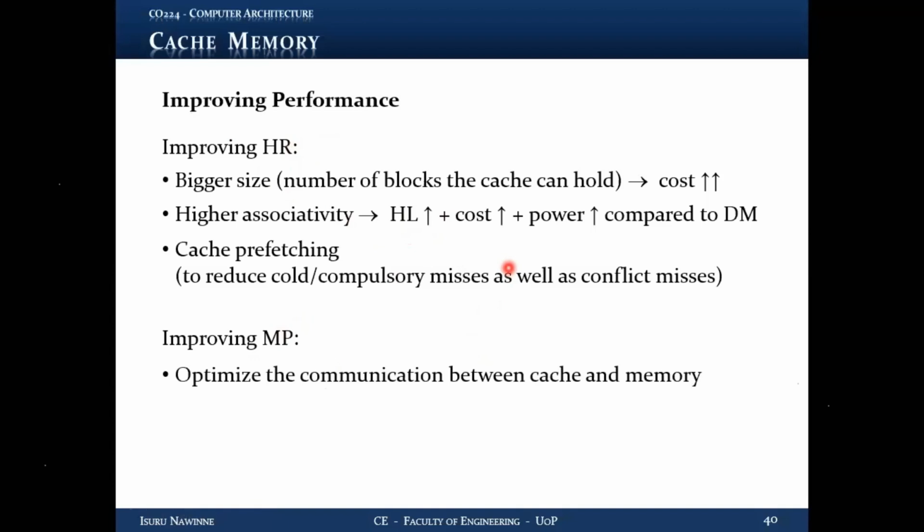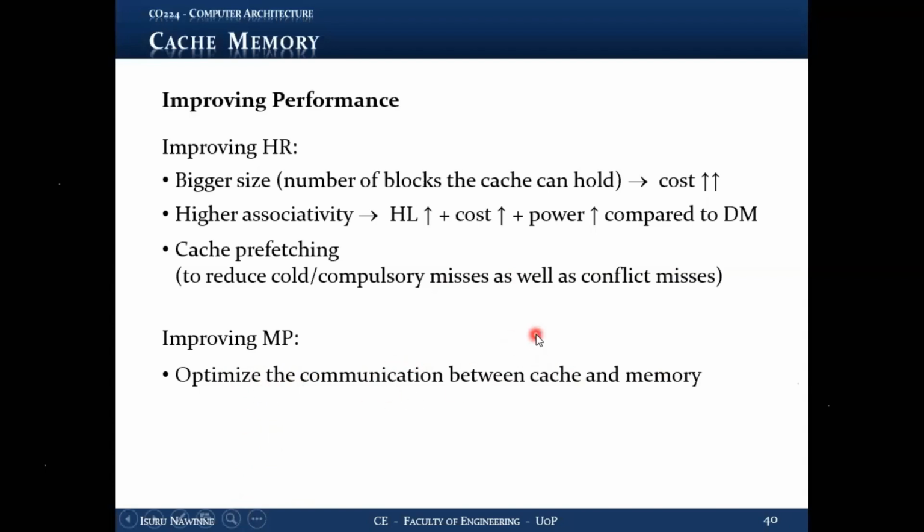When you have a miss, you have to go to the memory. The cache actually has to send a request to the memory and fetch the missing data. So the communication channels between the cache and the memory, the bus speeds, bus width, bus arbitration technology, and all those different things come into the picture there. So certain optimizations you might be able to do with the communication.